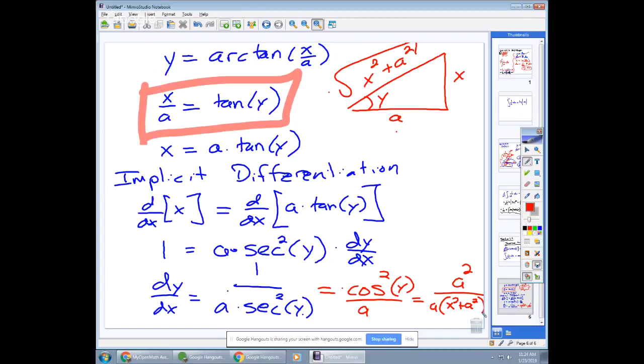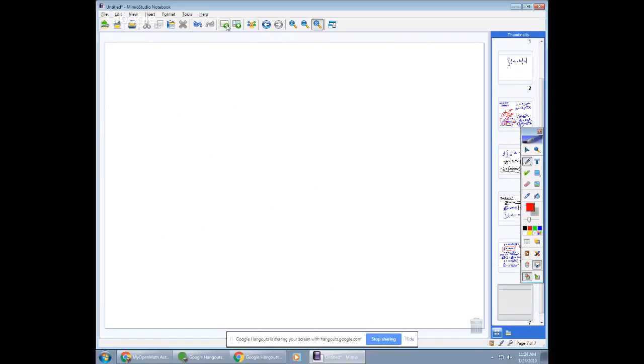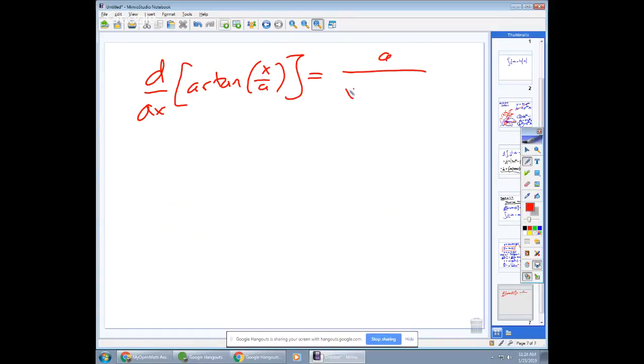One of the a's cancels in the bottom with one of the a's in the top. So ultimately the derivative with respect to x of the arctangent of x over a is equal to a over x squared plus a squared. That's what it cleans up to be.